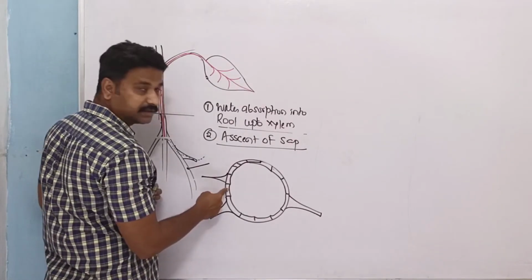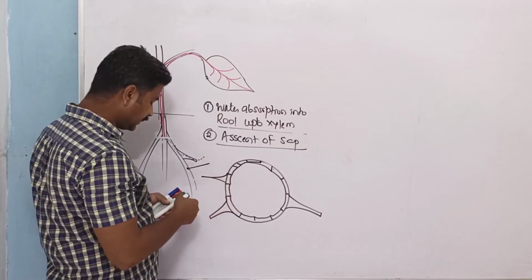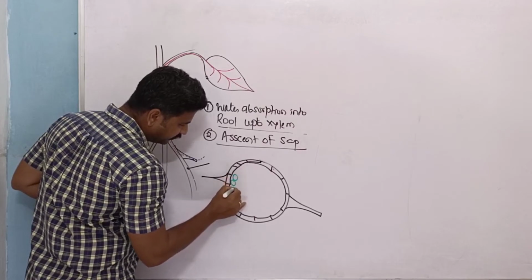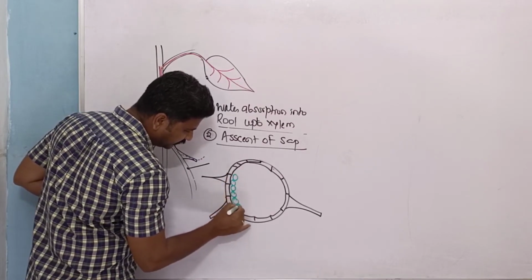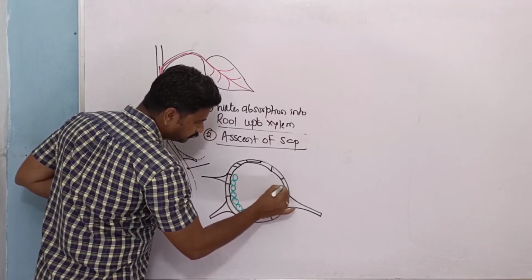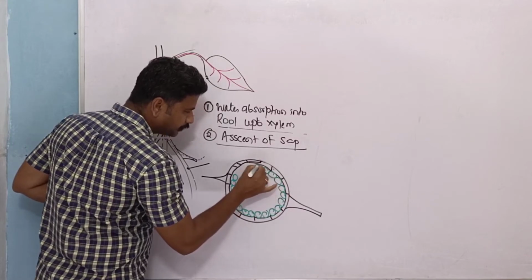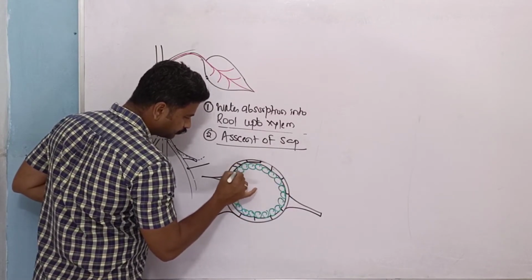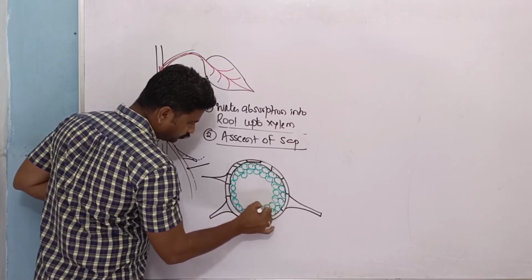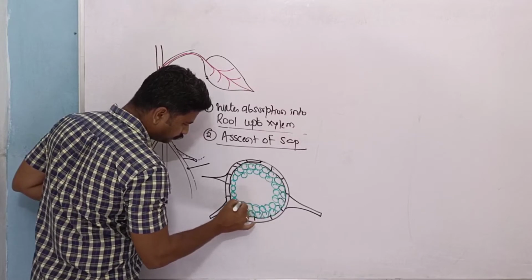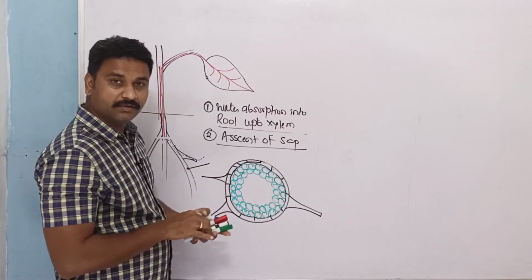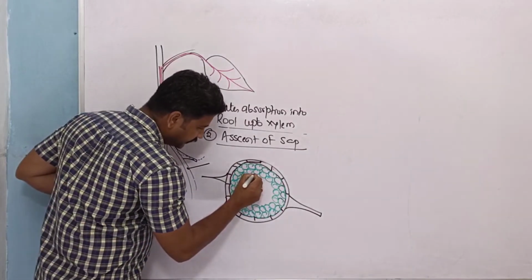Now inside the epidermis there is a cortex layer, and this cortex layer is made up of loose parenchymatous cells. So everywhere here there is a loose parenchymatous cells which will form the cortex. Okay, then inside the cortex there is a layer called as endodermis.